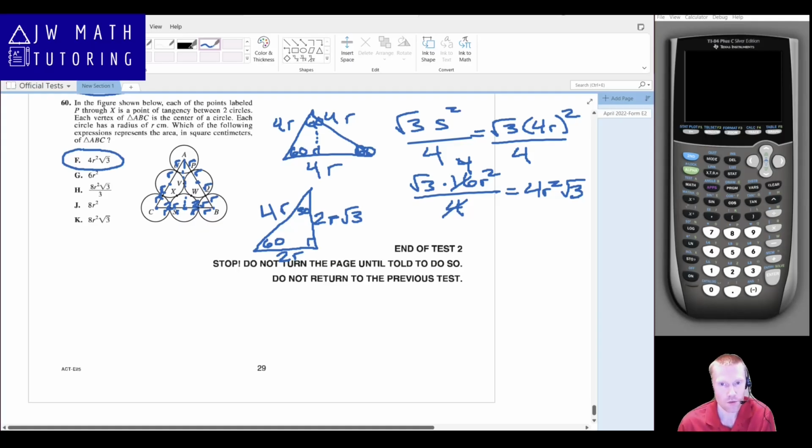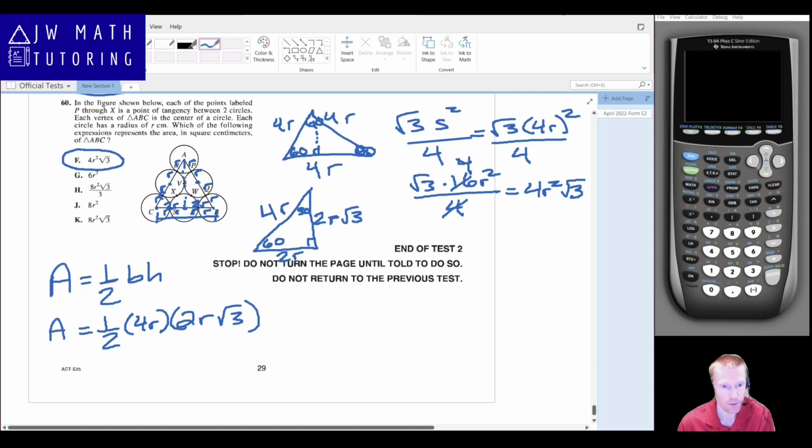But once you find that, then you can use the formula for area of a triangle. So, area equals 1/2 base times height, and our base would be the entire bottom segment here of 4r. Our height would be this altitude, which we just found to be 2r square root 3.